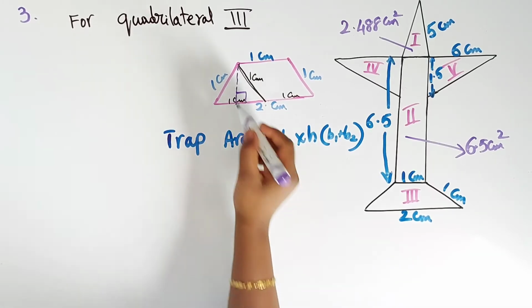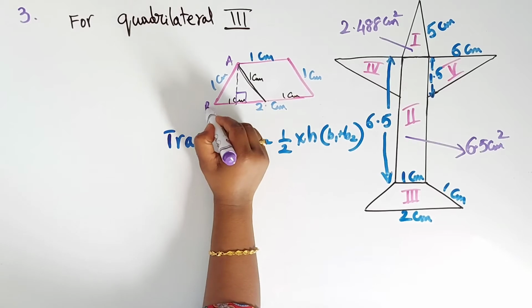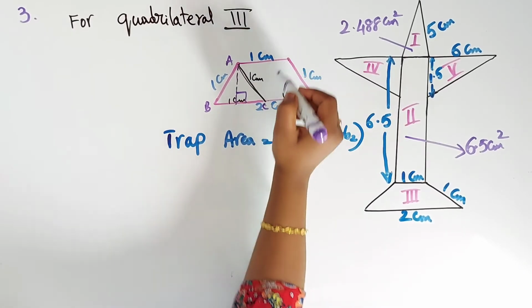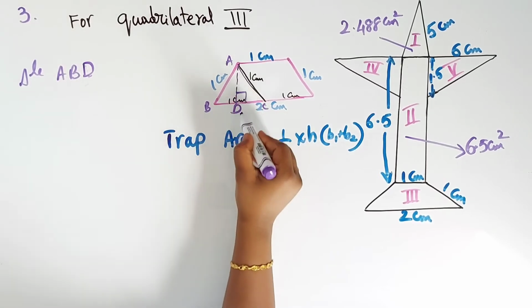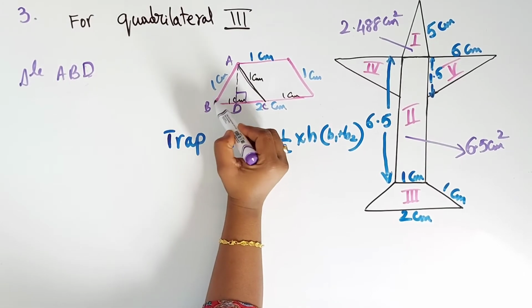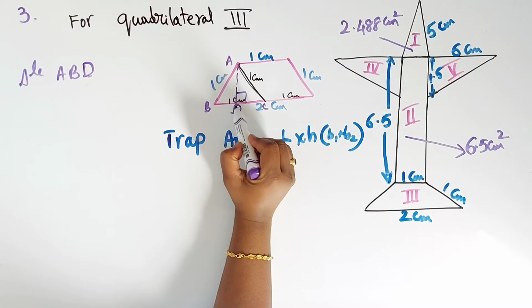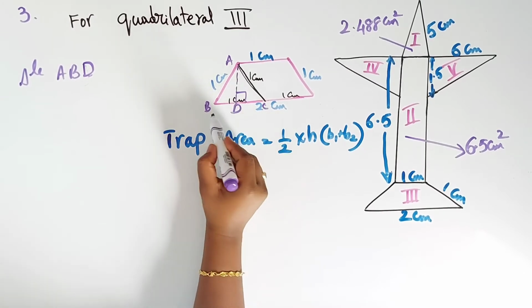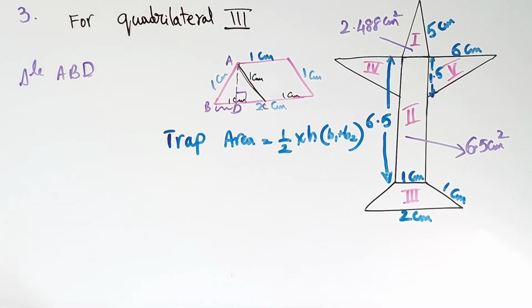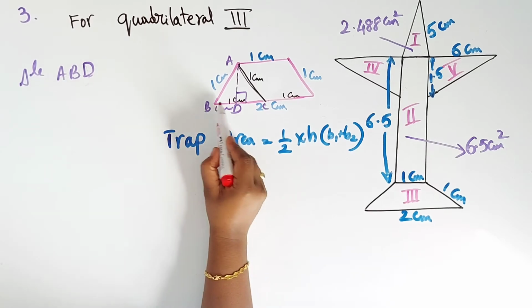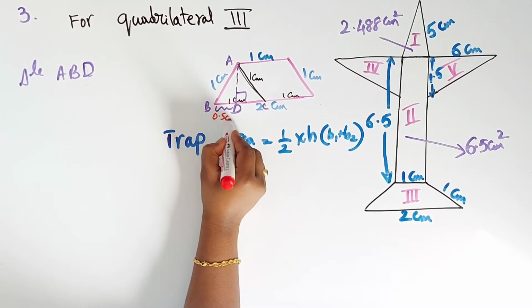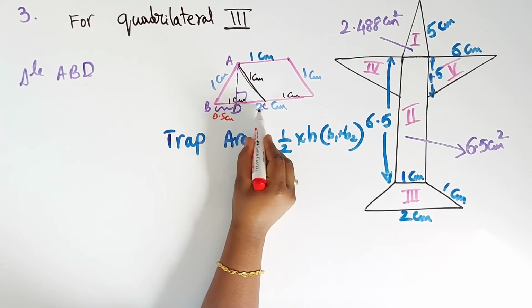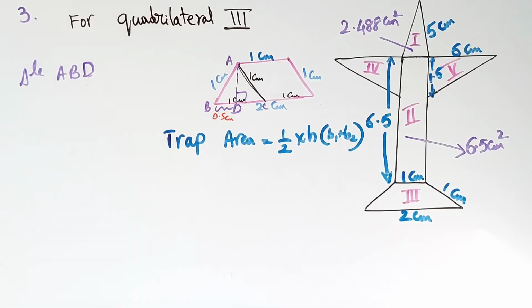Let us name this triangle A, B, C here. It is D, children. Now in triangle ABD, see, we know this is 1 centimeter hypotenuse, and we have to find out AD and BD. How much is BD, children? If this full length B to C is 1 centimeter, then BD is 0.5 centimeter and D to C is also half, 0.5 centimeter. Right, children?